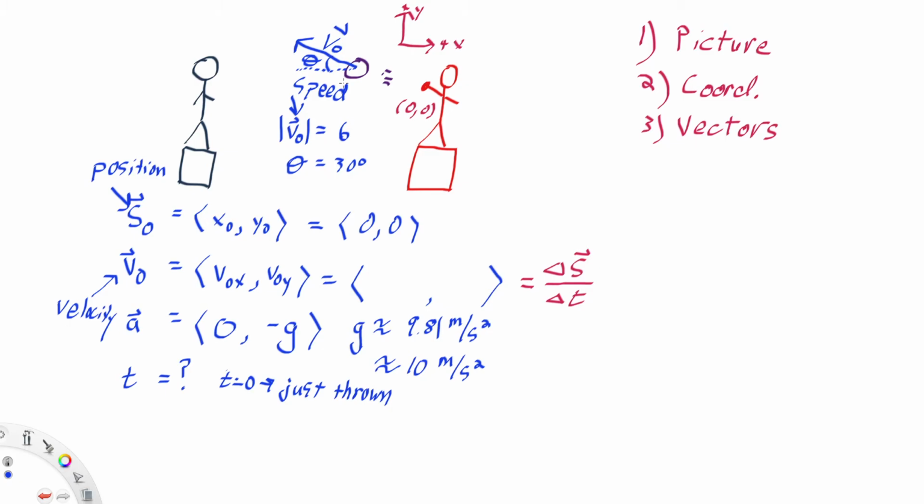So if you are driving on the 95 to get to work, you might say that you're going 75 miles per hour. That would be your speed. 75 miles an hour north would be your velocity. All right. So let's look at our velocity in more detail here.